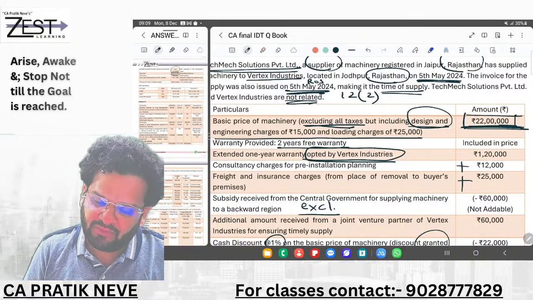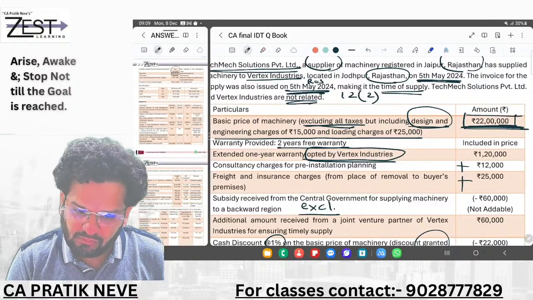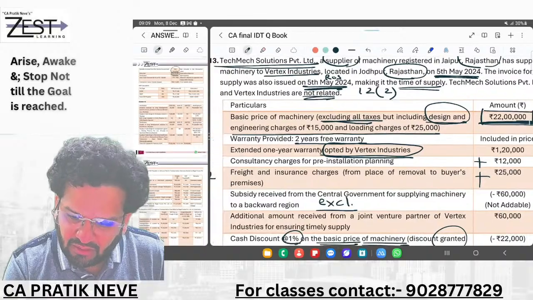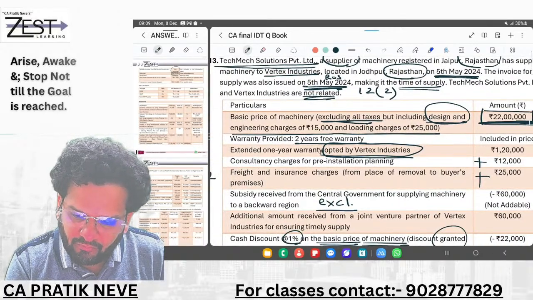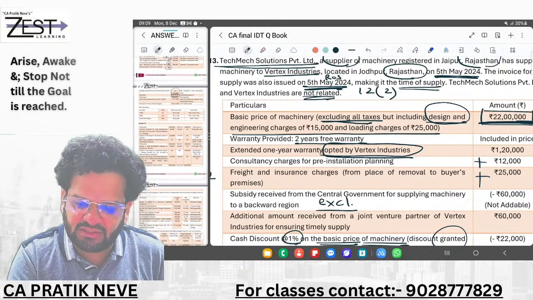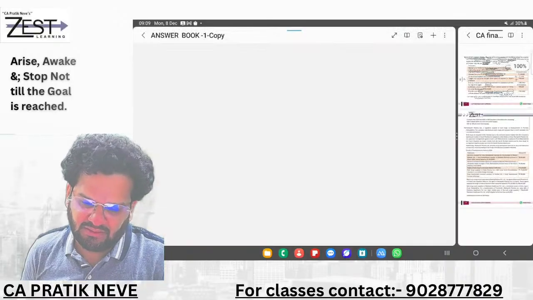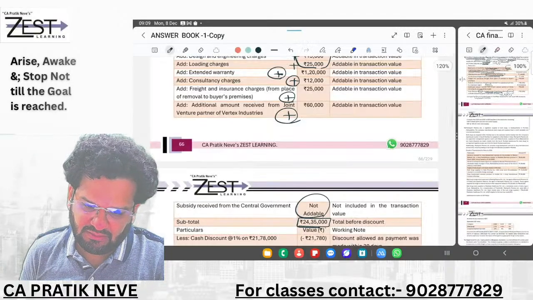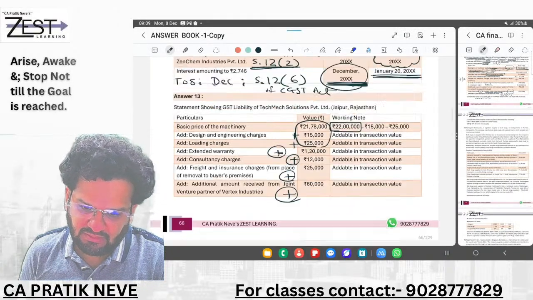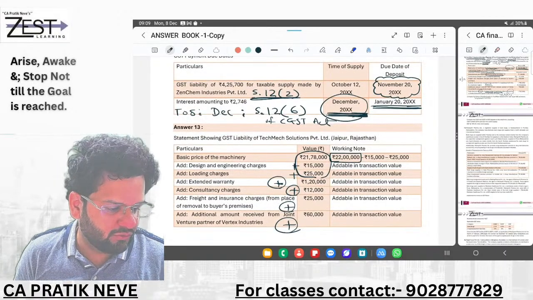So that's why from 22 lakhs, if you minus design and engineering charges and loading charges, how much will it be?